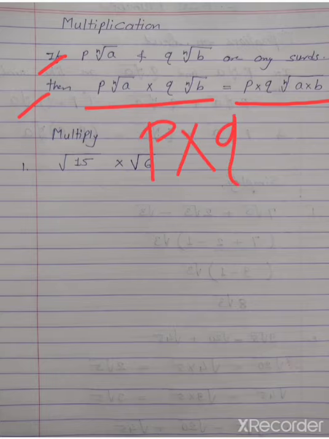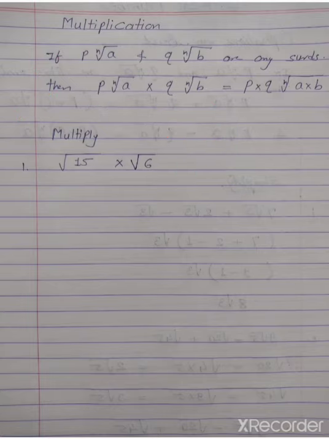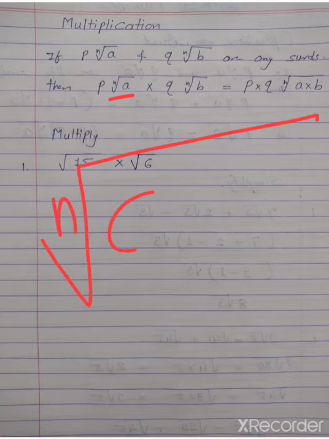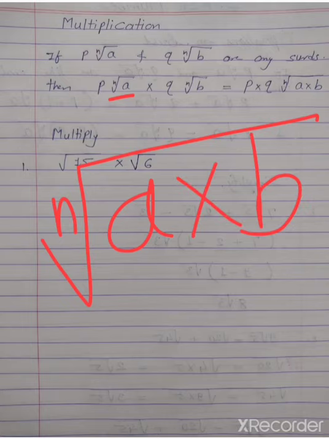If coefficients are given, then multiply them, and we can take the radical symbol common and multiply the radicands. This multiplication is possible only when their orders are the same. Then only we can use this rule.